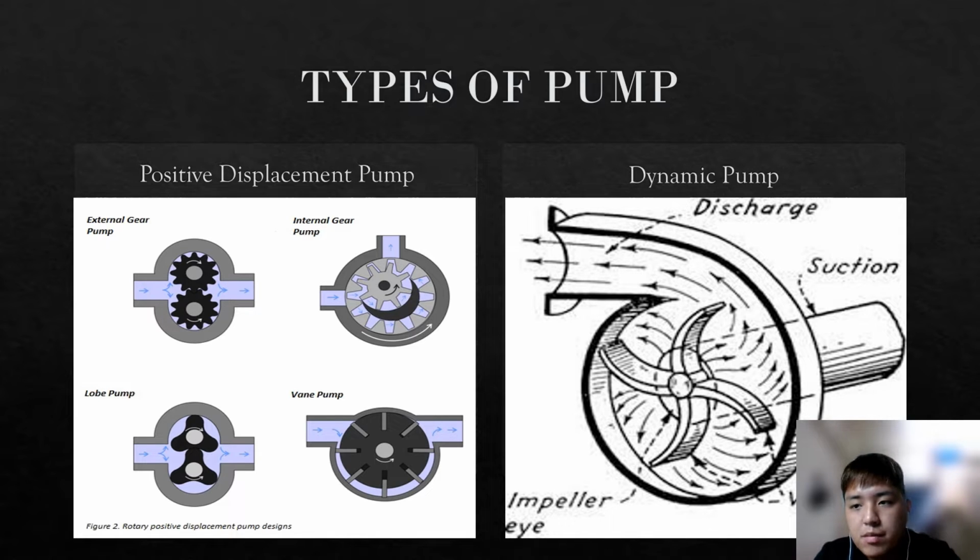Whereas the dynamic pump imparts velocity and pressure to the fluid as it moves past the pump impeller and will convert some of the velocity into additional pressure. It is also called a kinetic pump. Overall, these pumps operate by developing high liquid velocity and converting the velocity to pressure in a diffusing flow passage.